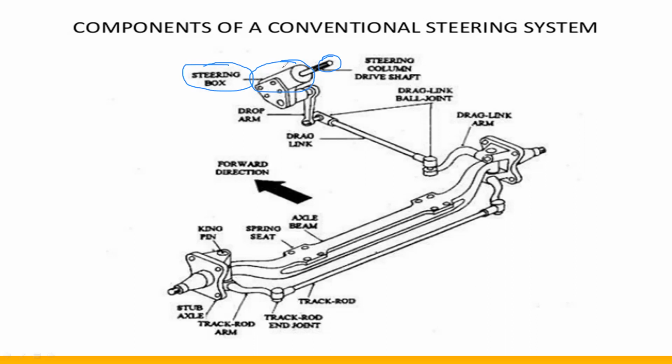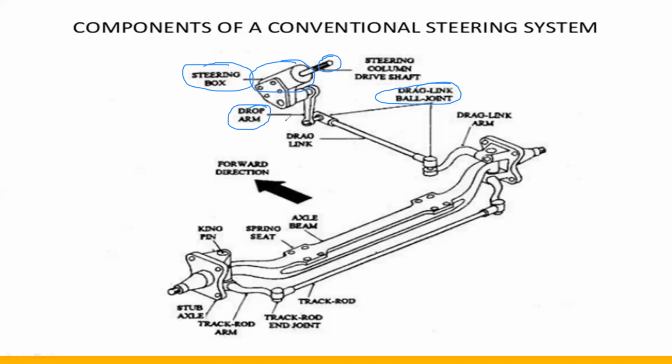In this steering box, we place different types of gears. In the steering box, a drop arm is connected. The drop arm is connected to the drag link ball joints, which are used to connect the steering box with the drop arm.